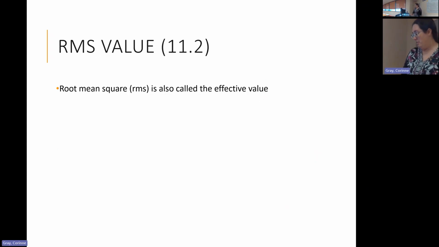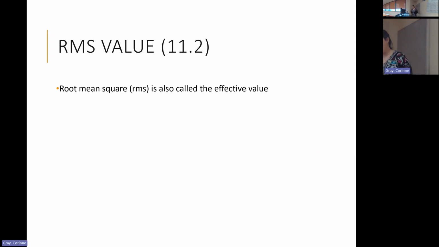But for RMS, this is referred to as the root mean square, and it is referred to as the effective value of, in this case, our particular source. So we can have the RMS value for a current source and the RMS value for a voltage source as well.